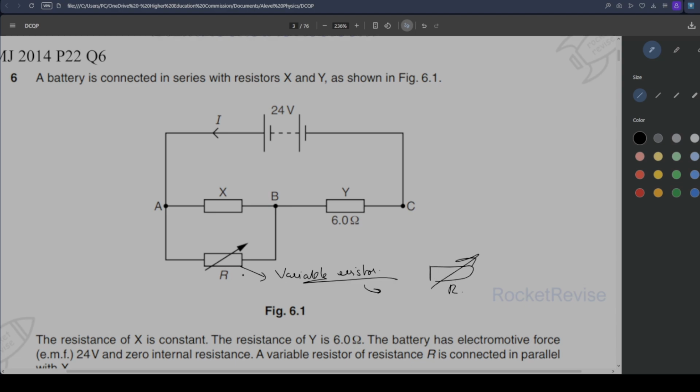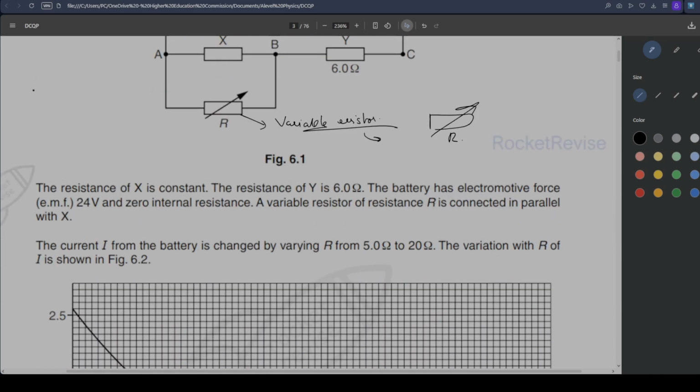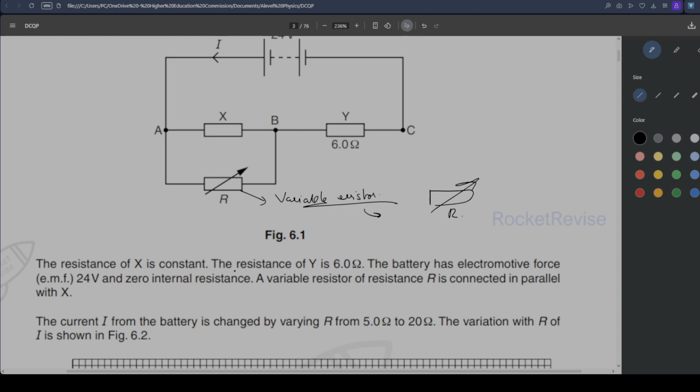That means you can manually change the resistance of this resistor. It's controllable. The resistance of X is constant. The resistance of Y is 6 ohms. So this is 6 ohms. The battery has an electromotive force of 24 volts and zero internal resistance.